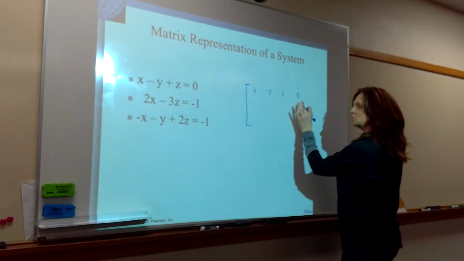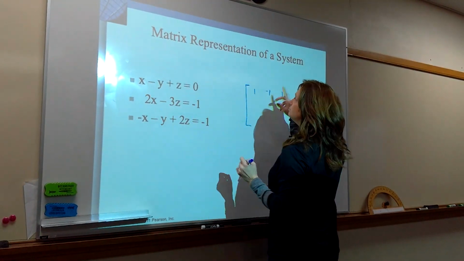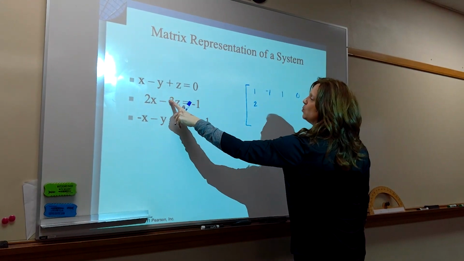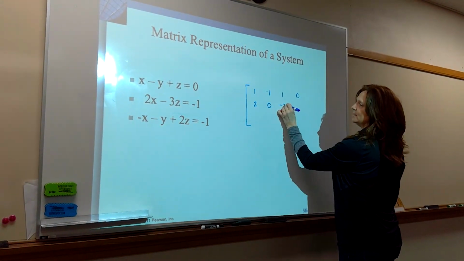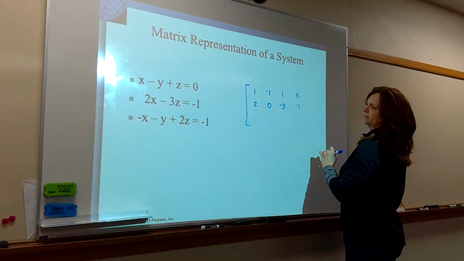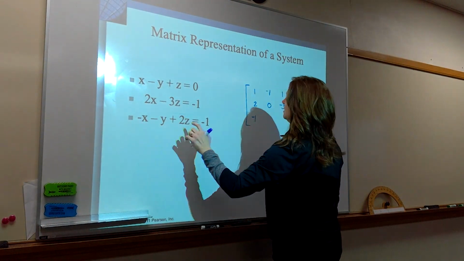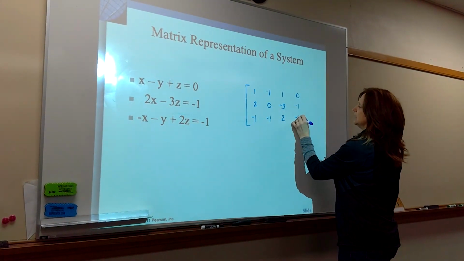Notice I don't put any equal signs. I don't put any plus or minuses unless it's a negative 1. Then we keep it there. 2x. I don't have any y's, so I do need to keep that as a placeholder. So 0 y's, 3, equals negative 1. Okay, negative 1x, followed by negative 1y, plus 2z, and negative 1.